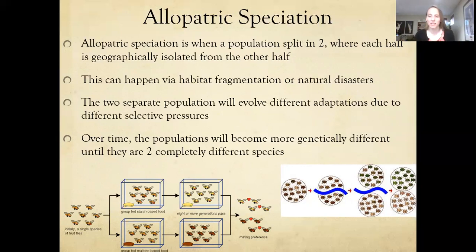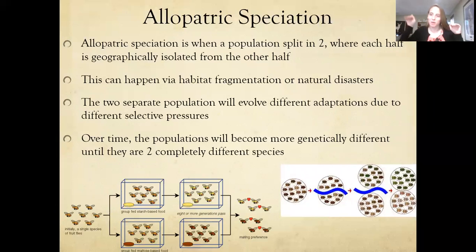This could happen because of a natural disaster, like if there was a little stream and all of a sudden it flooded and now those populations on either side of this little stream can't get across anymore. Or it could be because of habitat fragmentation. So if a big highway gets cut through the forest and now the individuals on either side of the highway can't interact anymore. And essentially these two separate populations will now start to evolve slightly differently from one another.